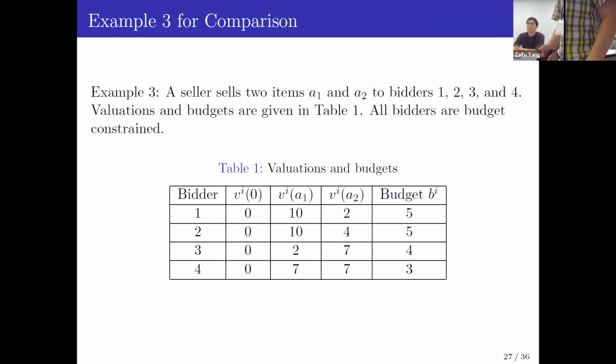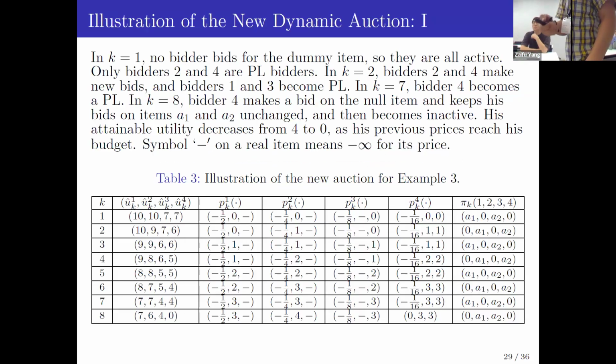So actually this means that the bid of bidder 1, this is for the dummy, he is active, and he bids.